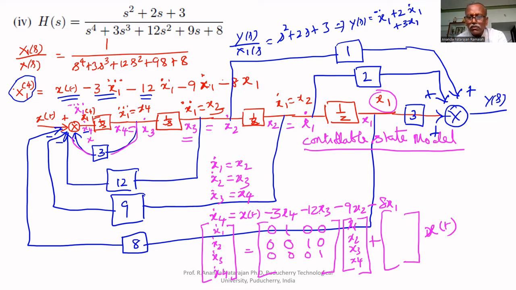And x4 dot equal to minus 8 times x1 minus 9 times x2 minus 12 times x3 minus 3 times x4. And x of t appears only in the last row, so B is 0, 0, 0, 1. This is the A matrix, and this is the B matrix. This is the controllable state model.